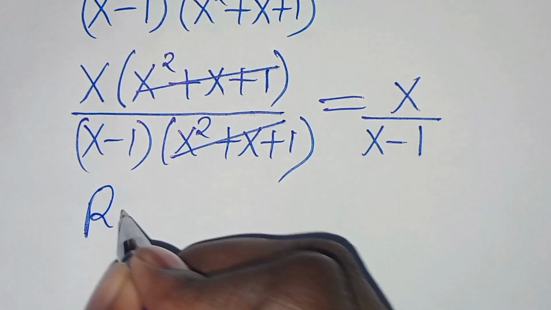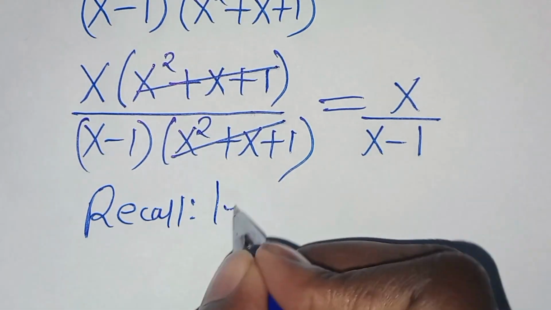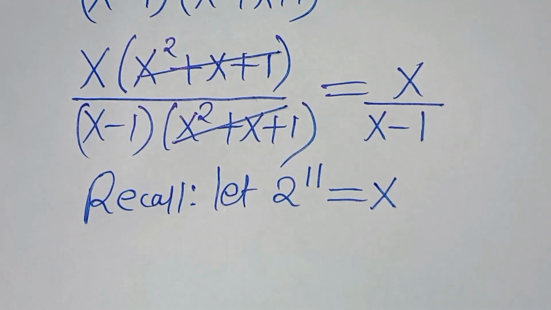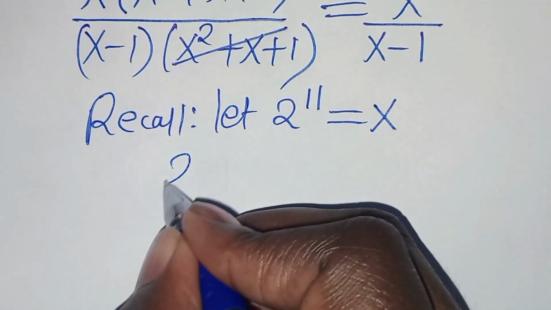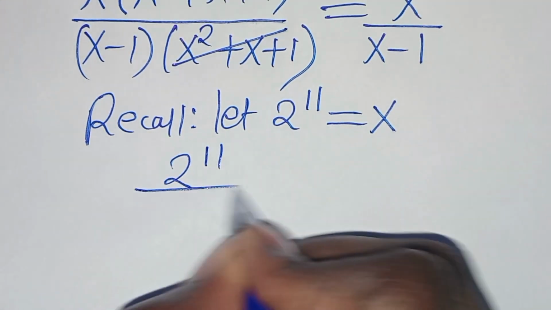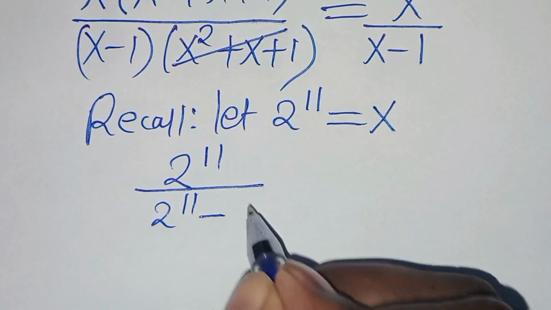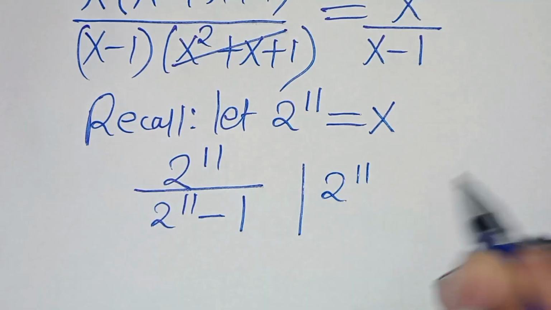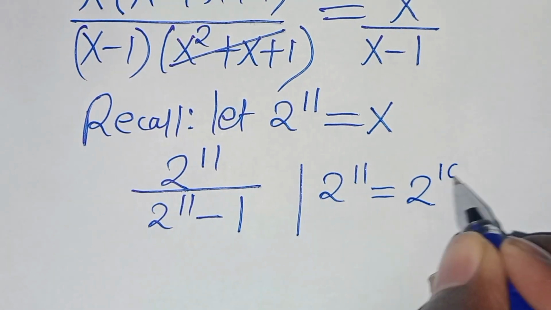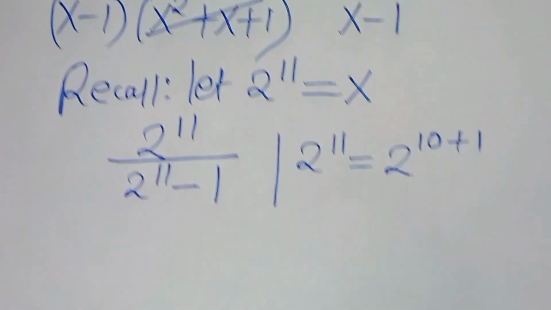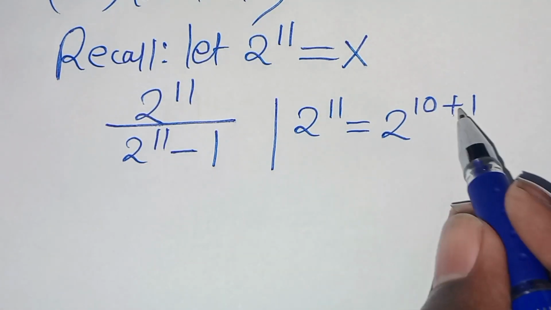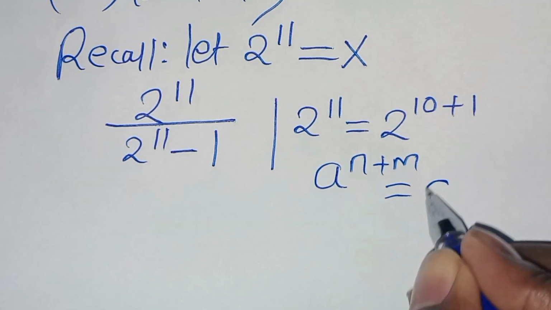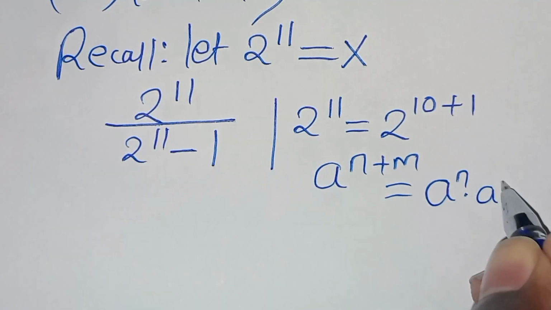Now, if you recall, we assigned 2 to the power of 11 equal to x. So let's substitute this, so that we have in the numerator 2 to the power 11 over 2 to the power 11 minus 1. Now, 2 to the power of 11 is the same thing as 2 to the power 10 plus 1, which is in the form of a to the power n plus m, which we can express as a to the power n times a to the power m.